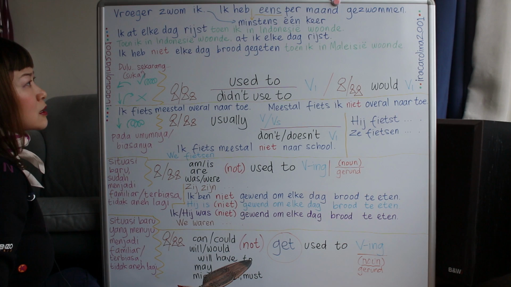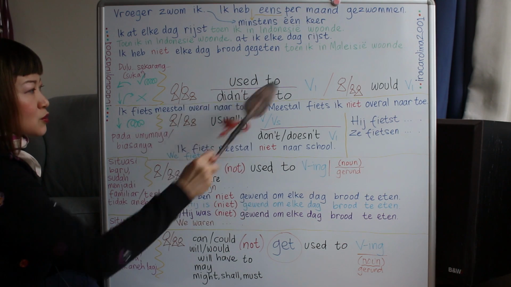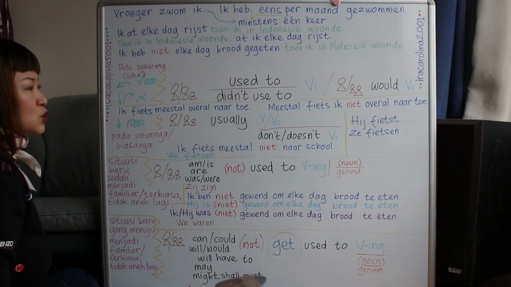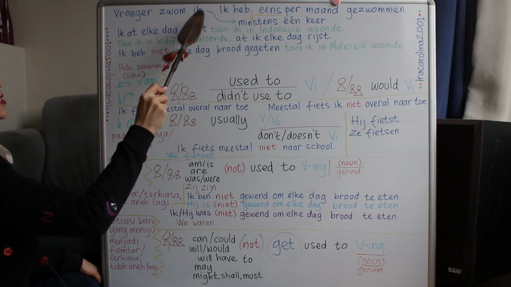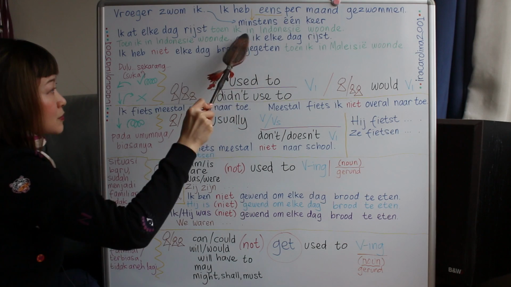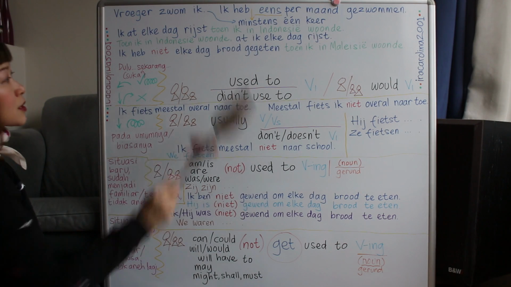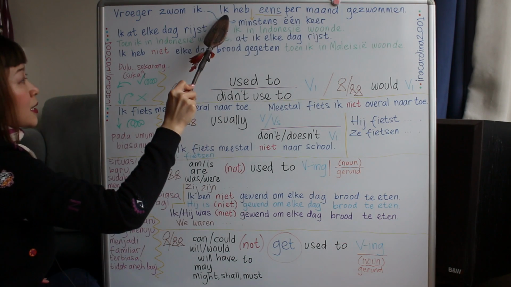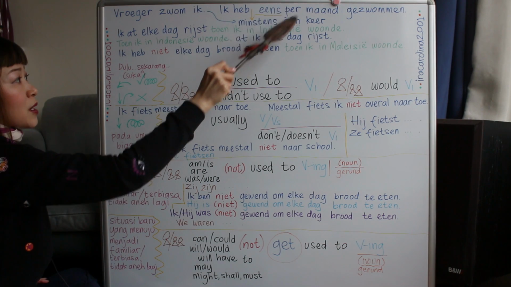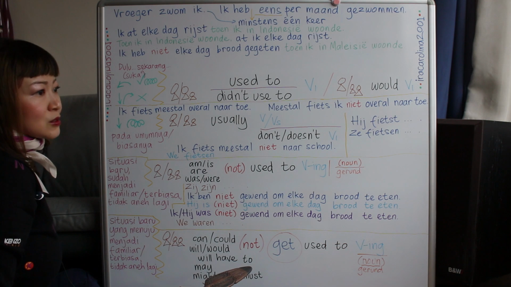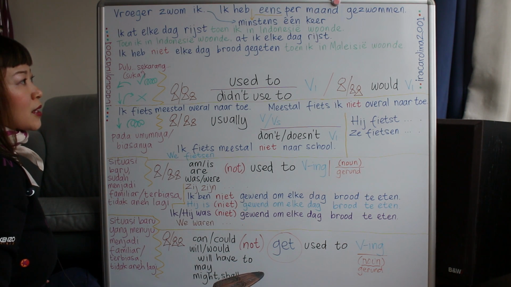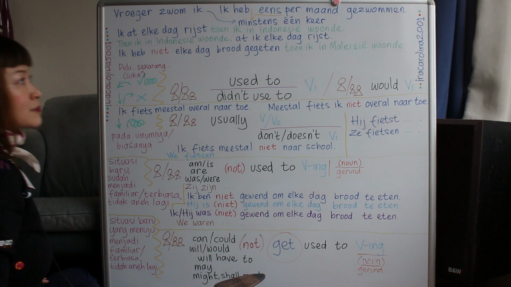So when you want to say I used to swim, you can say it with this, or with this sentence. I have once per month. This one you can say used to swim. Heb gezwommen.